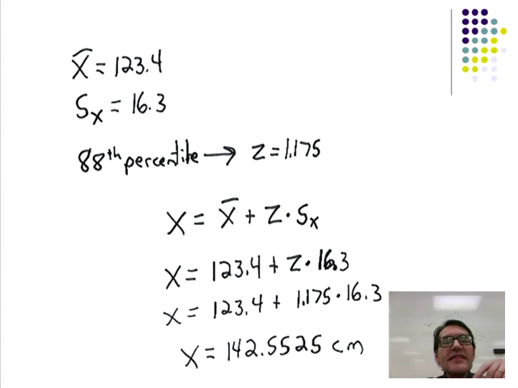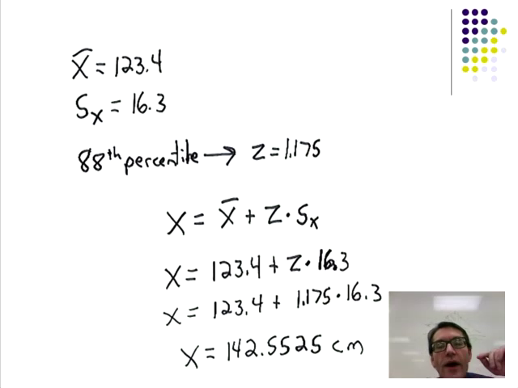There it is. Okay. Now that I know that 1.175 is the 88th percentile, we can take this other equation that we haven't used yet, but it's not hard at all. It's pieces of information. So we take the known mean of 123.4, the known standard deviation of 16.3. We shove in the z-score we just figured out, 1.175.